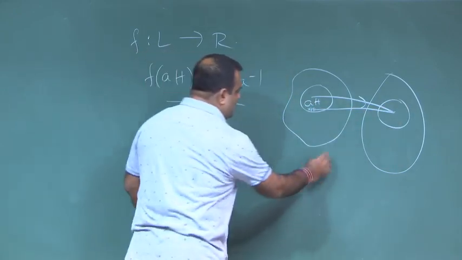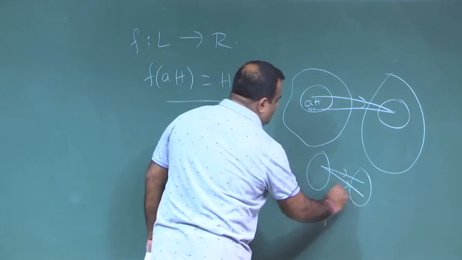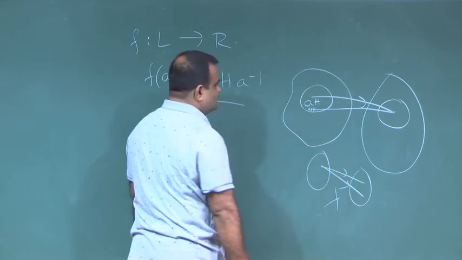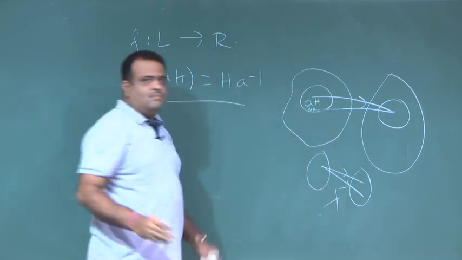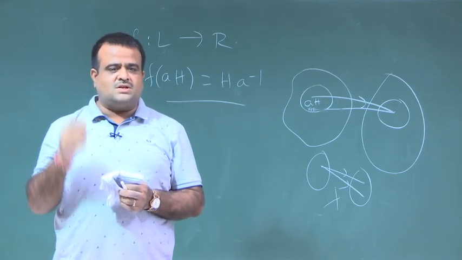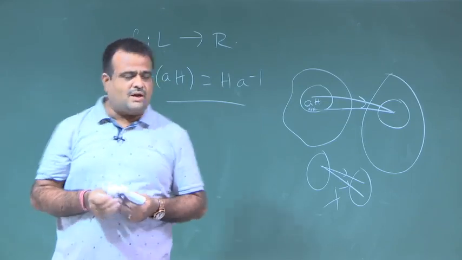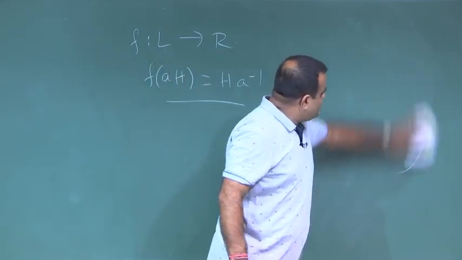If one element goes to multiple elements, this is not a mapping. One element must go to a single unique image. So that we have to justify. How to justify that?